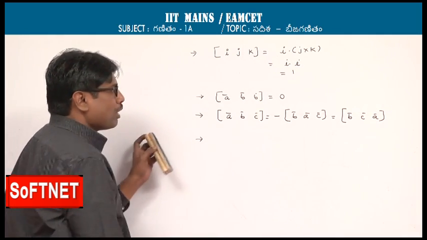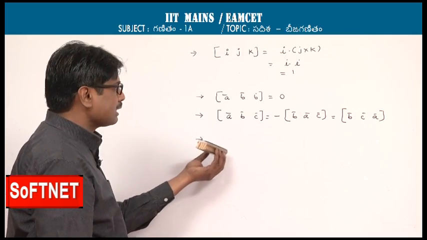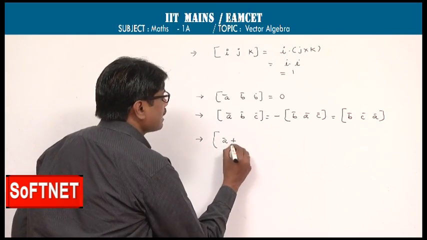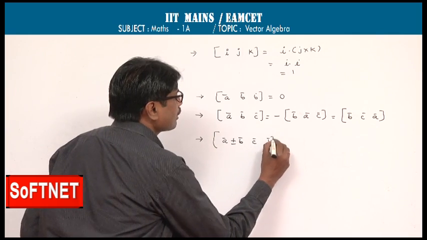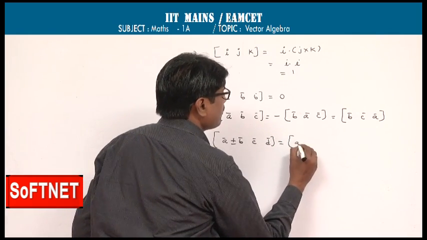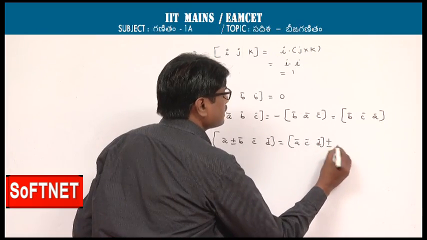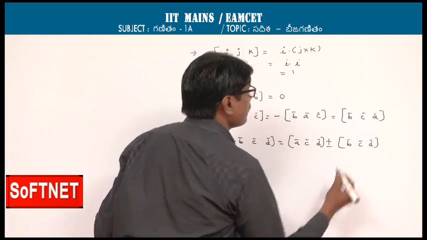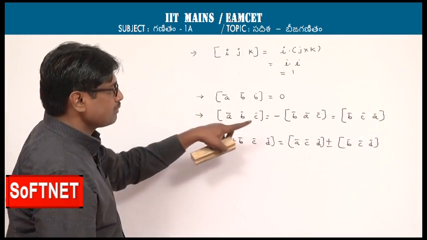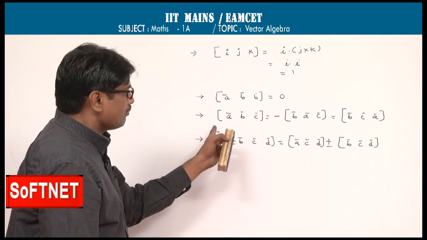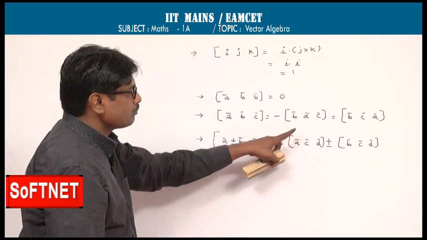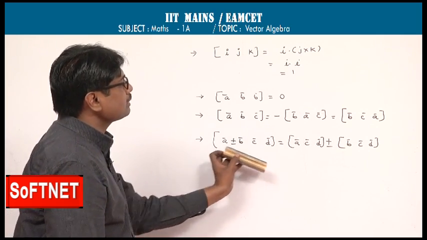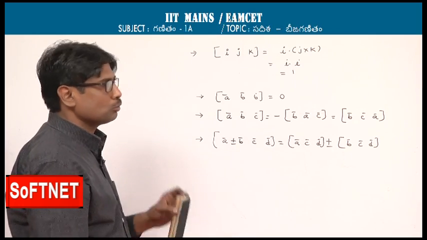If the first or second or third vector is a combination of two vectors, that is A bar plus or minus B bar, C bar, D bar, it can be written as box of A bar, C bar, D bar plus or minus box of B bar, C bar, D bar. To summarize: if a vector is repeated, the box value will be 0. When one vector is rotated in the box, multiply with minus 1. If a vector is the addition or subtraction of two vectors, that box can be split into two boxes.